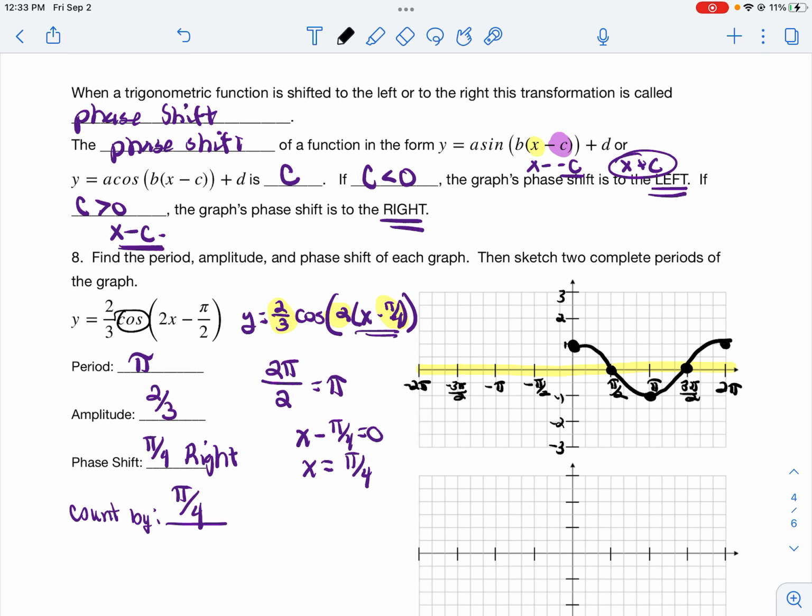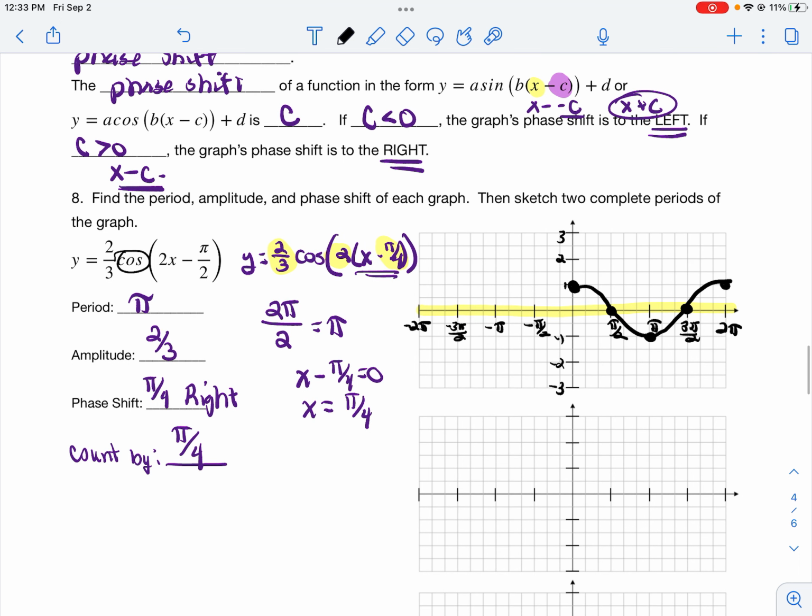Next, I'm going to count by pi over 4. So my first tick mark is now pi over 4, 2 pi over 4, which gives us pi over 2, 3 pi over 4, and then 4 pi over 4 simplifies down to pi. Same thing with the negatives. And then I look at my amplitude.